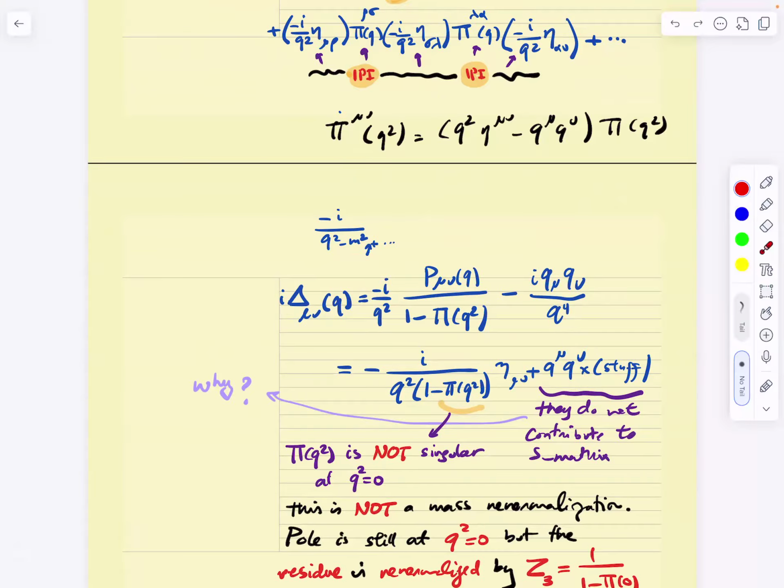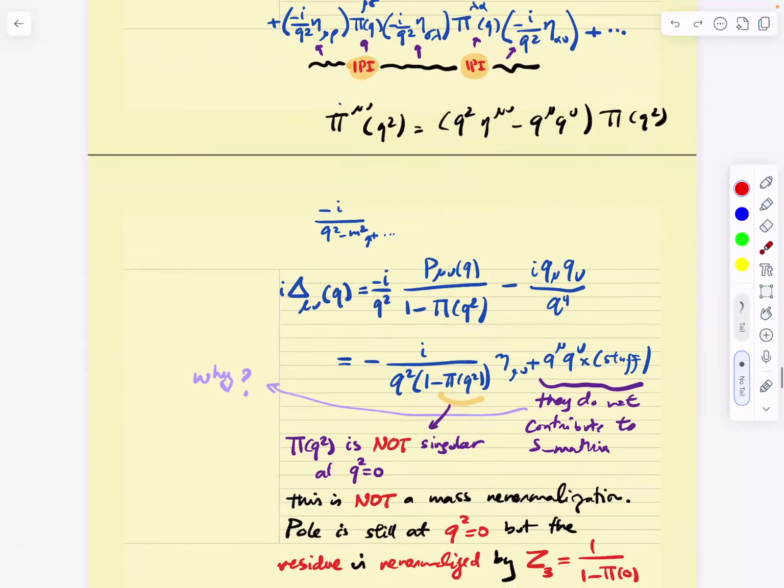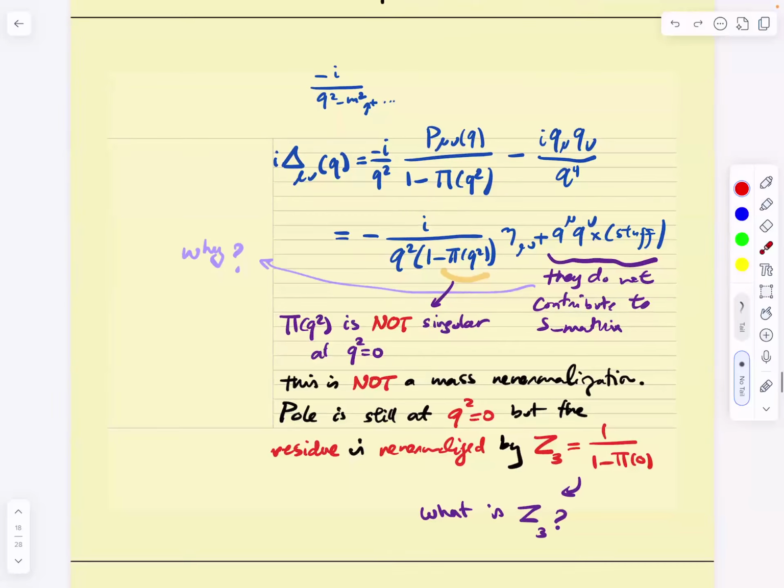So the full propagator, once the dust settles, becomes just the regular propagator times 1 minus 1 pi, and then this is just that eta mu nu or something. Good?